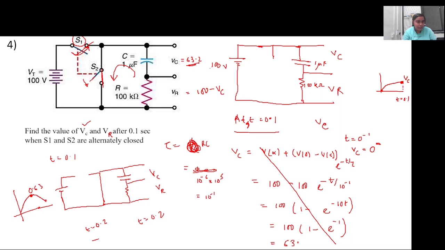If it does not go to 0, then it will start increasing again slowly. The voltage waveform of VC will be somewhat like that. Is it fine? Do you have anything to ask?